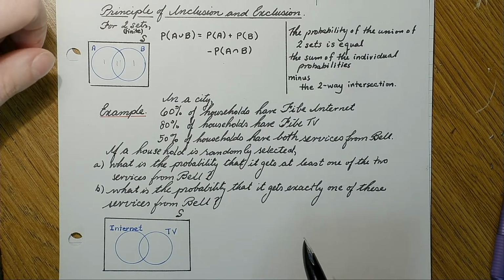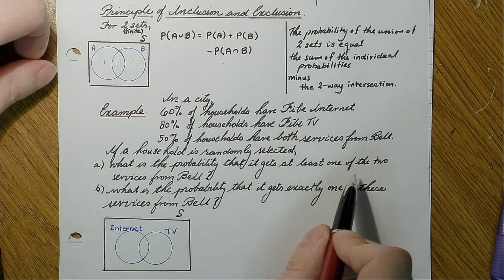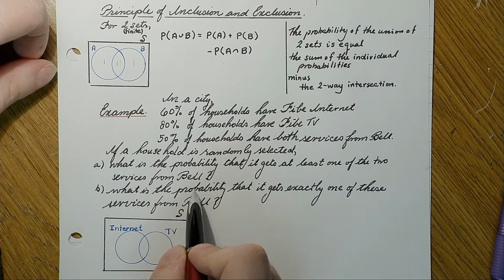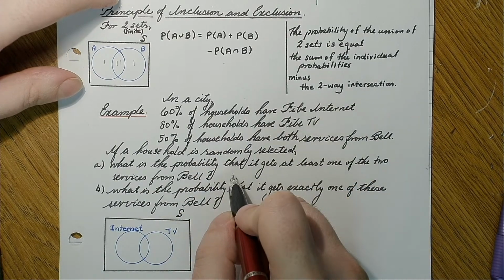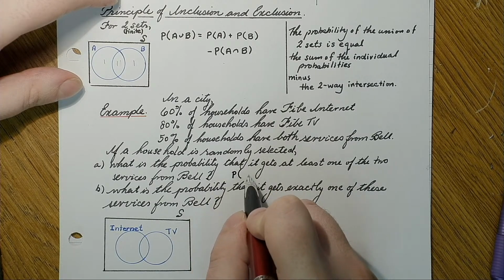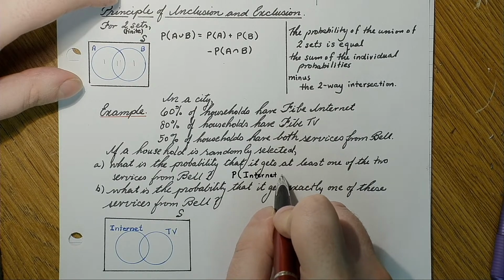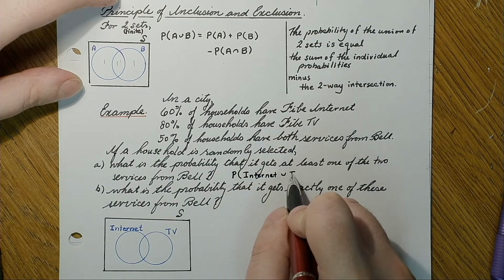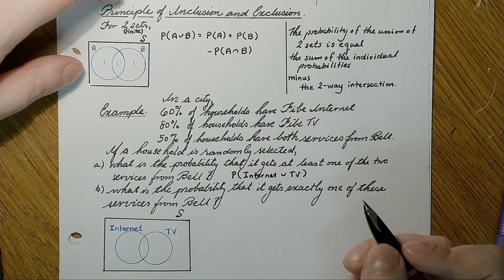If a house is randomly selected, what is the probability that it gets at least one of the two services from Bell? So what this effectively is asking for is, what is the probability of either internet or TV or both? So that's at least one there.